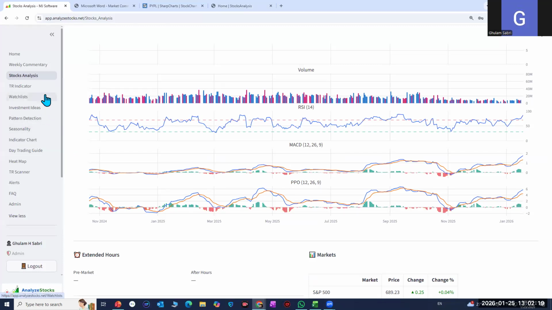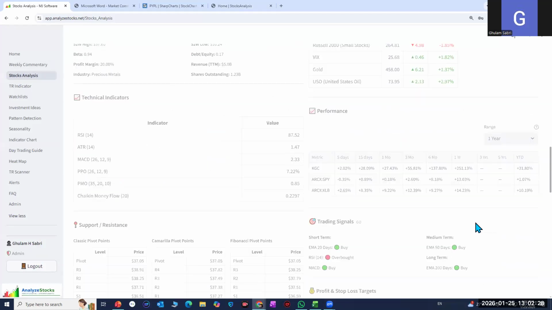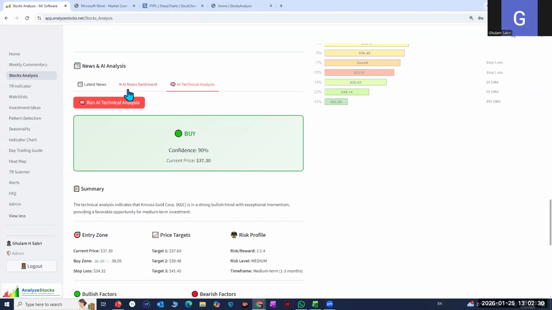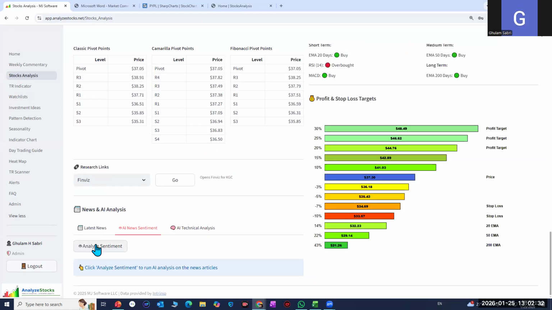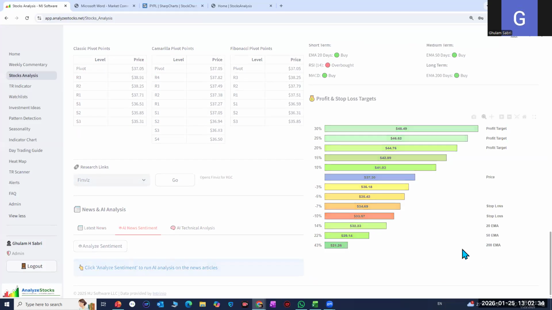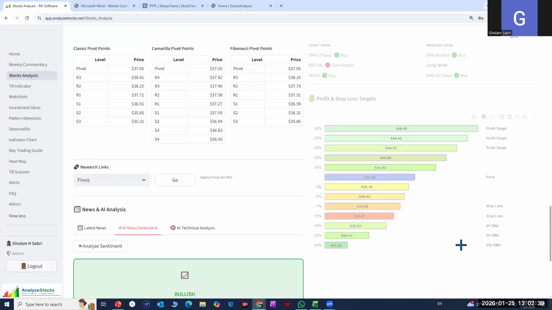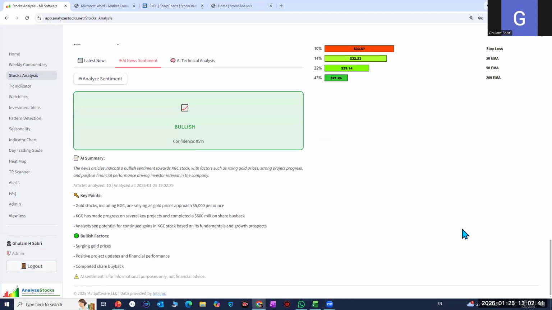One more thing, before I wrap up, if I can just take a second. On this stock analysis page, I show you AI technical analysis and AI news sentiments. What this does is pull up the latest news articles, 10 articles, and it gives a synopsis, an overall analysis of what the current market sentiments are, what these articles in general are saying.